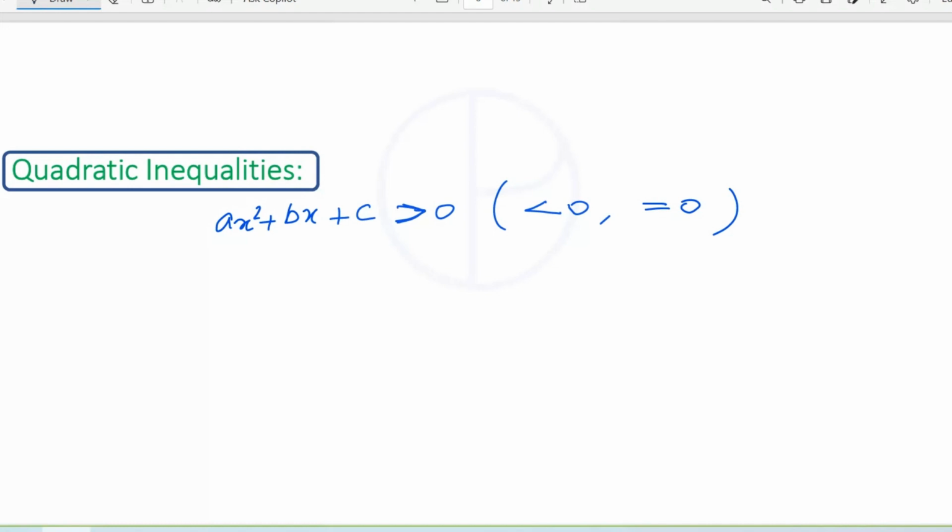If the inequality is ax squared plus bx plus c is greater than 0, then you want the region above the x-axis.